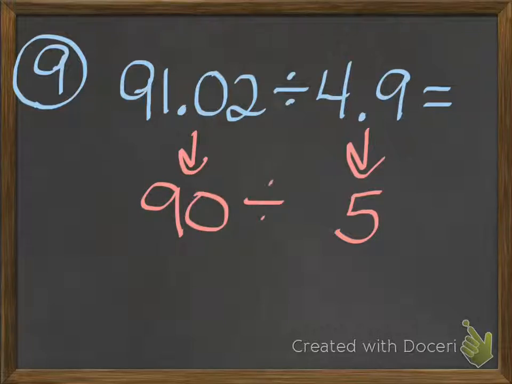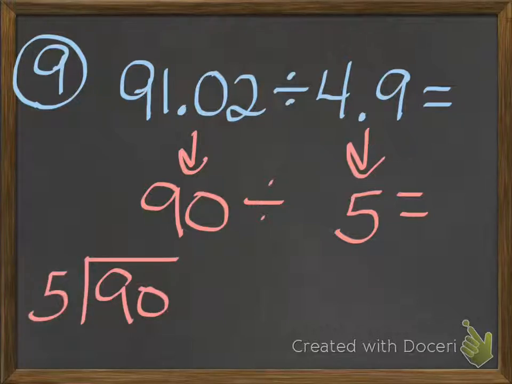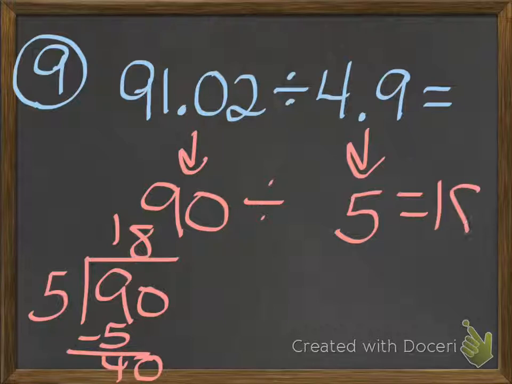So I'm going to round that to 90, and then I have 90 divided by 5. I can do this division in my head, but if you can't, you could just quickly write it out. 5 goes into 9 one time. And so 90 divided by 5 is 18. So my answer is 18.